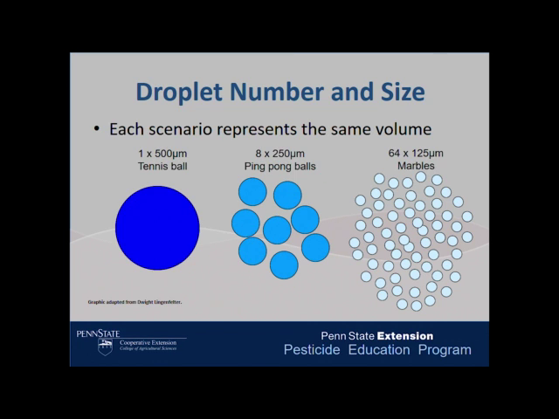Same volume, but by cutting the droplet size in half, we're producing a lot more droplets. Now, the good news, if you're trying to get good coverage, this is going to give you better coverage than, say, this. Problem is, when it comes to drift, this is going to give you more drift than these other larger ones are going to be. So again, picking the right droplet size for the application is one of the take-home points I'd like you to remember.